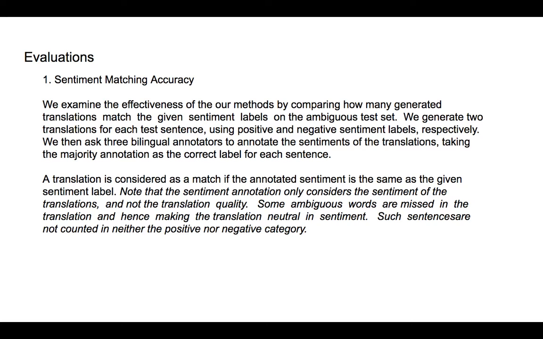Some details about this matching accuracy: the sentiment annotation only considers the sentiment of the translations and not the translation quality. We deal with translation quality in other metrics. Also, some ambiguous words are missed in the translations, which makes the translations neutral in sentiment. Such sentences are counted as neither positive nor negative.